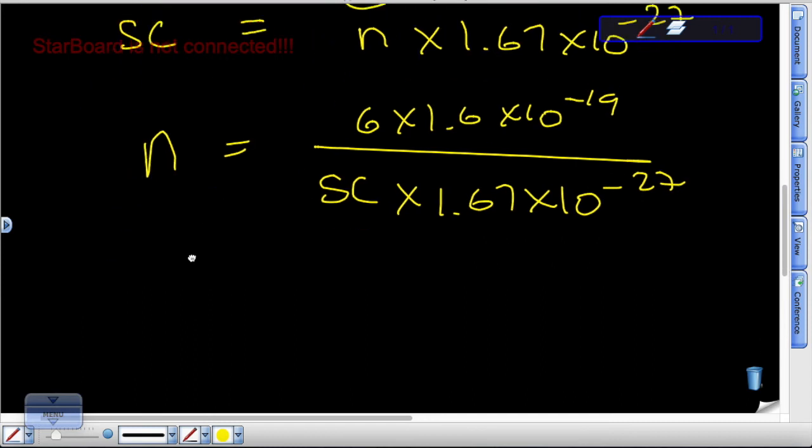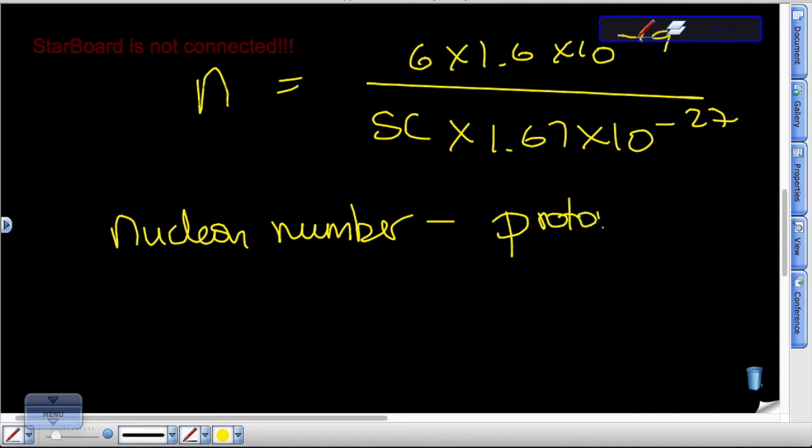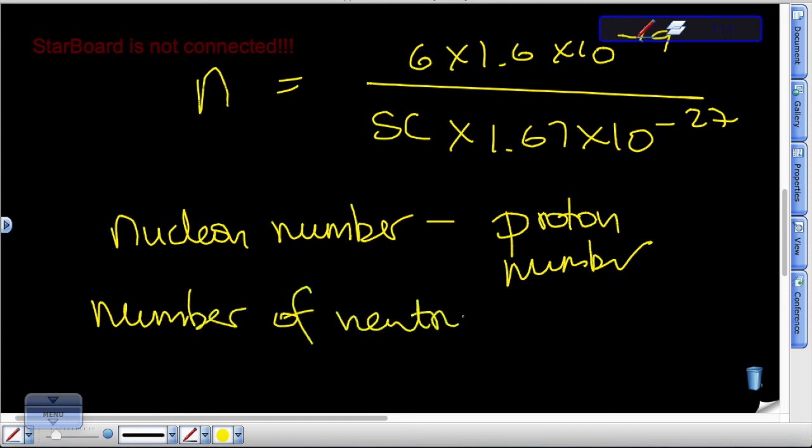That gives you the nucleon number, and all you do is take the nucleon number minus the proton number, which gives you the number of neutrons in that isotope.